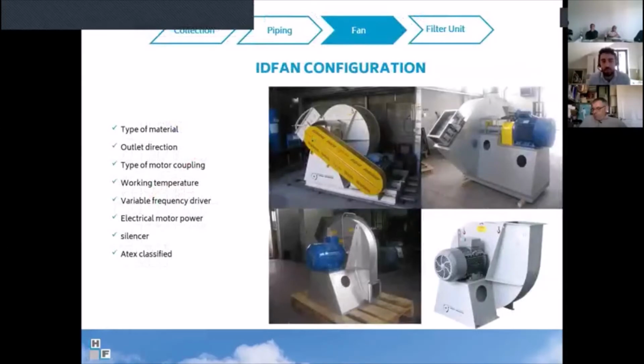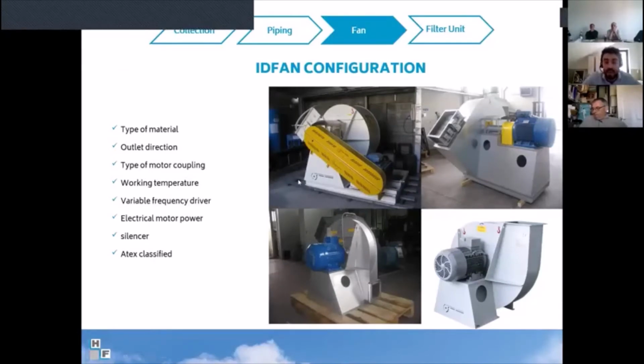We have to configure this, choosing all the items and accessories that will define the fan. The type of material, again: we can do it in carbon steel, in stainless steel, or in plastic with a stainless steel impeller, for example, depending on the pollutant and also on the temperature.